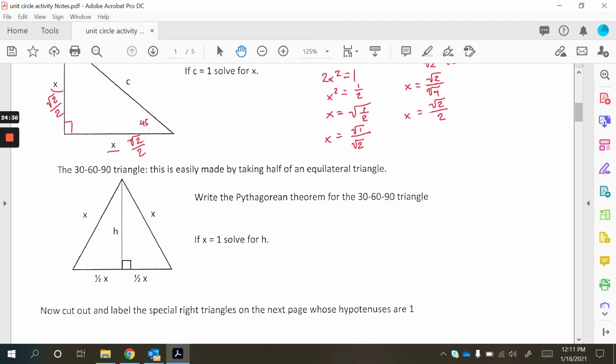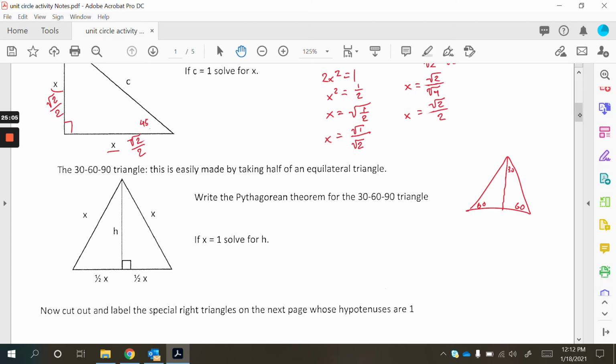In order to create this, we're starting out with a triangle that is a 60, 60, 60. And then we chopped that 60 in half. So rather than a 60 right there, we now have a 30 on there.